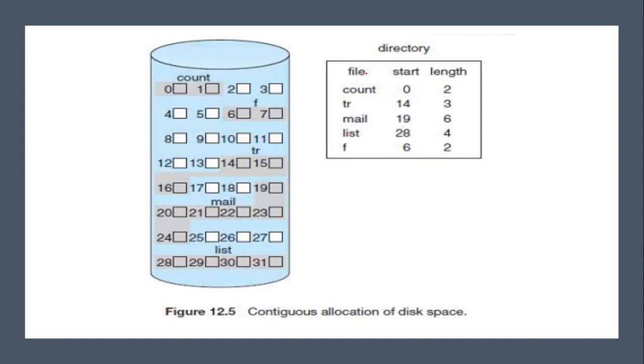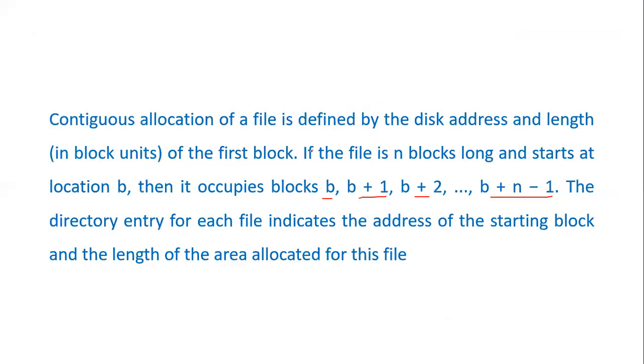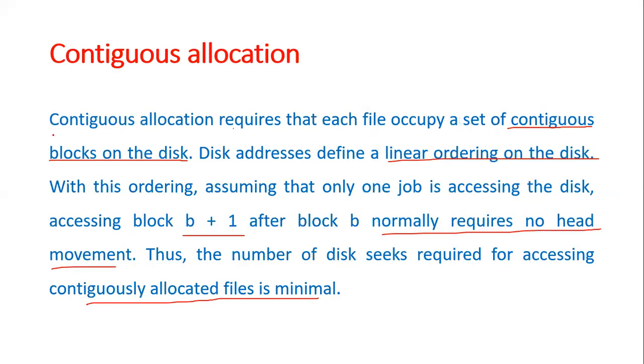You just see, in this case, we have a directory. In this directory, we have five files. The first file name is count, and this is your disk space. Here we have blocks contiguously. Remember, contiguous allocation requires that each file occupy a set of contiguous blocks on the disk.